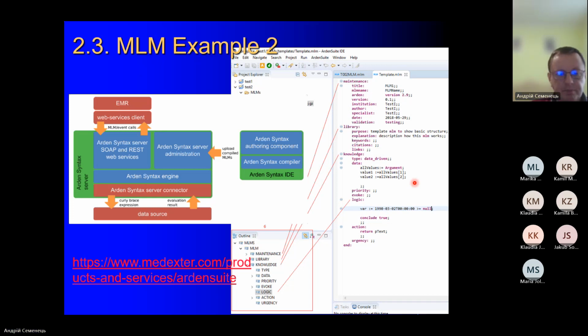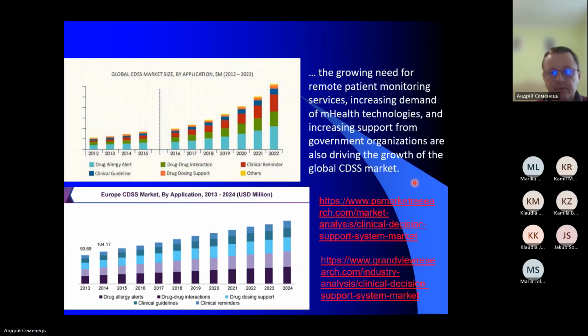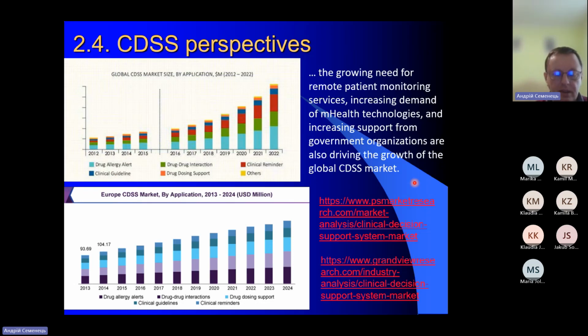Again, in case we have working MLM files within the system, they could become exchangeable and useful for all medical information systems which support this syntax. In fact, within the current decade we consider there has been significant growth in the implementation of clinical decision support systems within different areas.